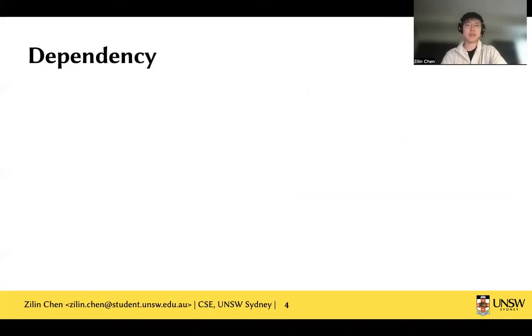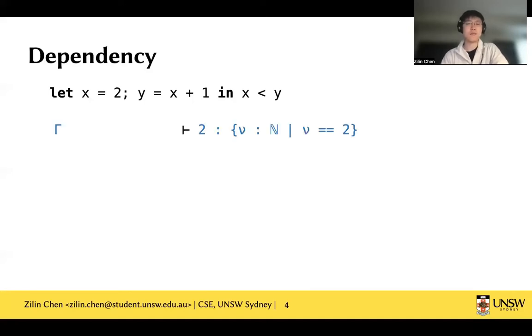Refinement types induce dependencies. Let's look at this simple let expression. When we type this expression, we start from the constant 2, and the type we give it is a type which is exact, saying the value has to be equal to 2. As we move on to x plus 1, we extend the context with x.